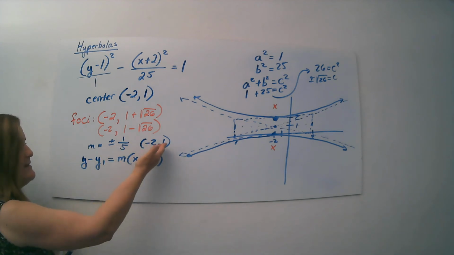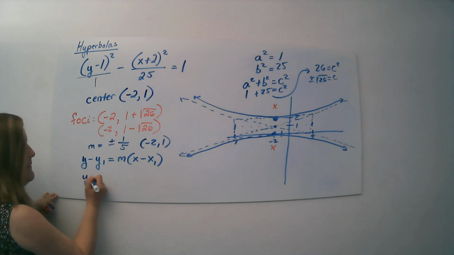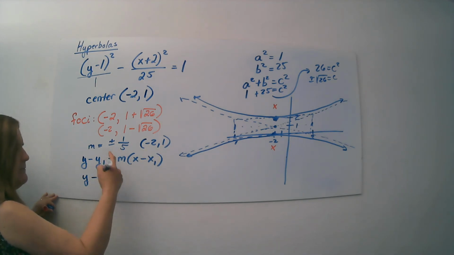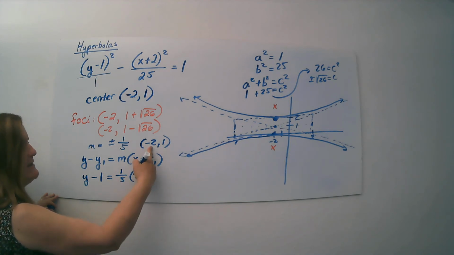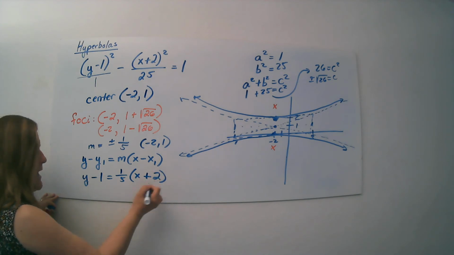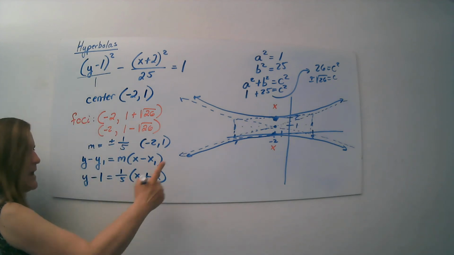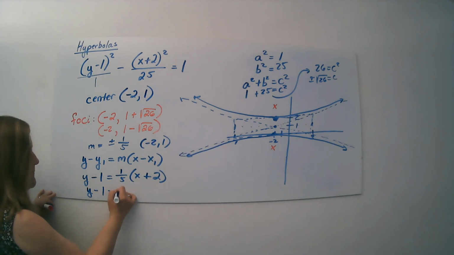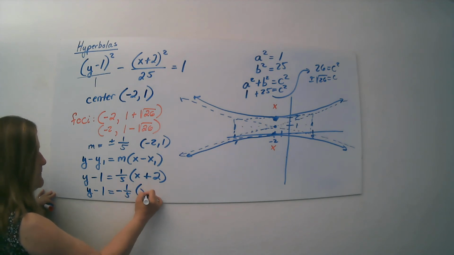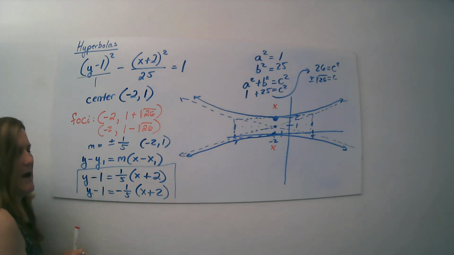So if we pop these numbers into this equation, we have y minus 1 equals 1/5 times x minus negative 2. And this is the equation of this asymptote. Now the equation of the other asymptote is very similar, but we have a slope of negative 1/5. So those are the equations of our asymptotes.